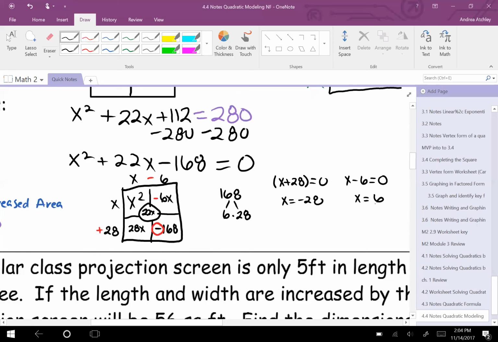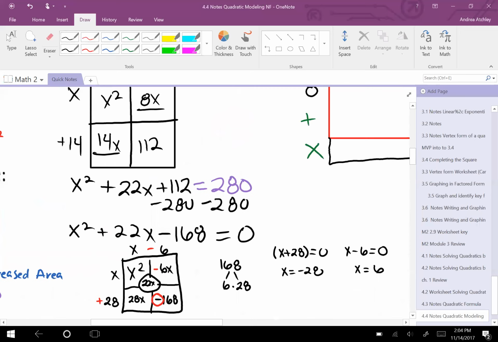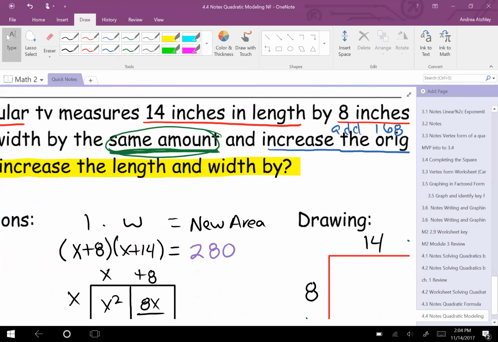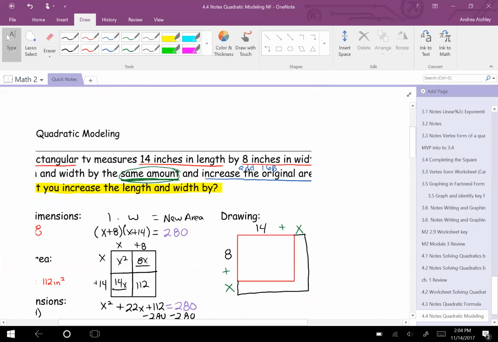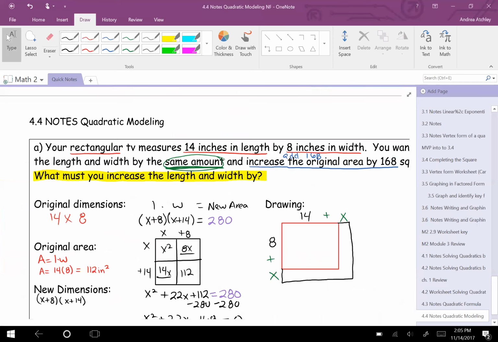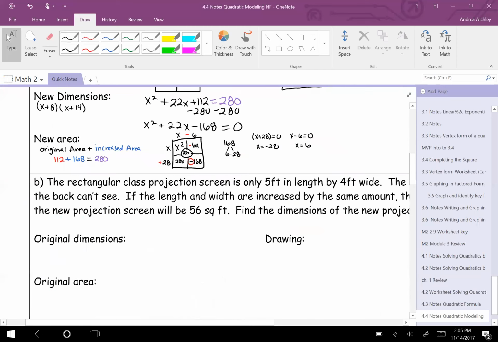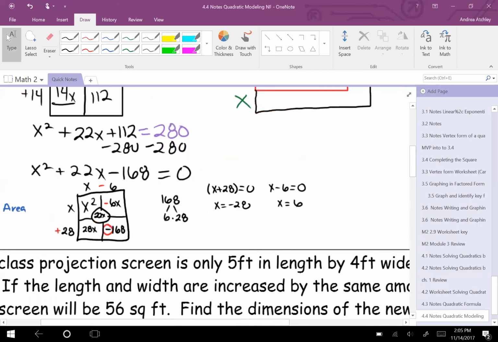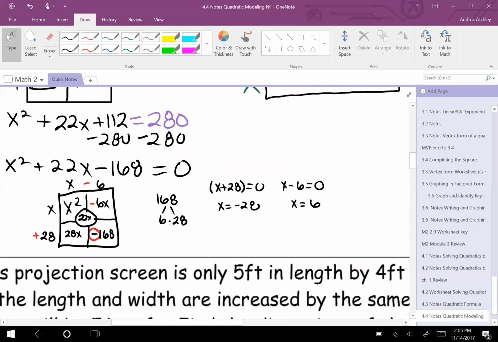Okay, let's go back and see what our question was to make sure I've answered that. What must you increase the length by? Okay, I'm increasing the length by X. So did I find X?